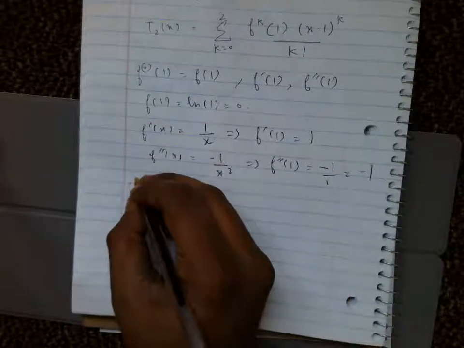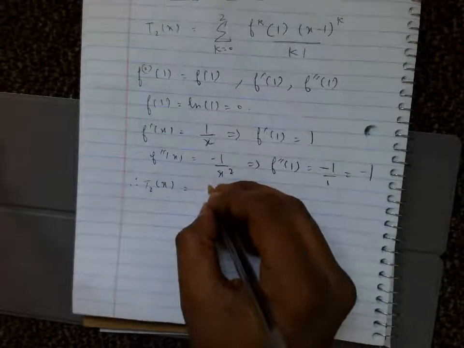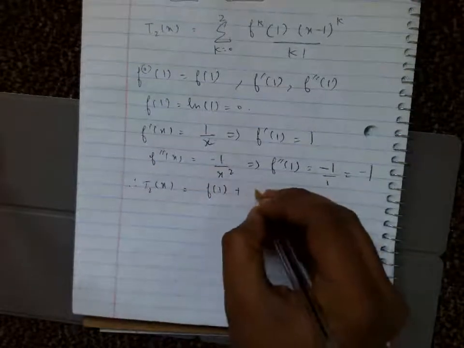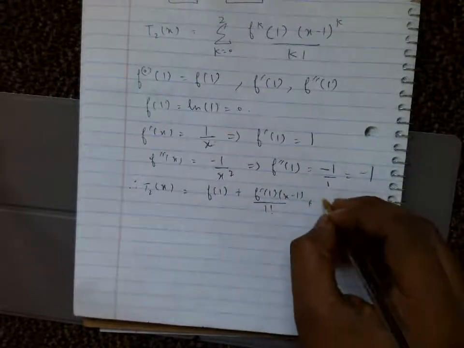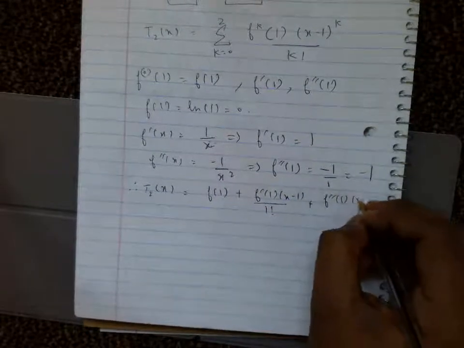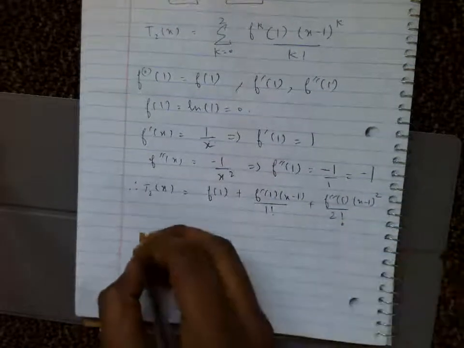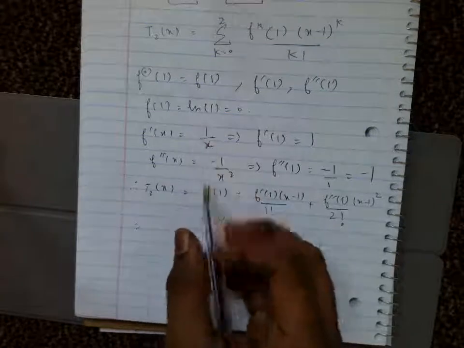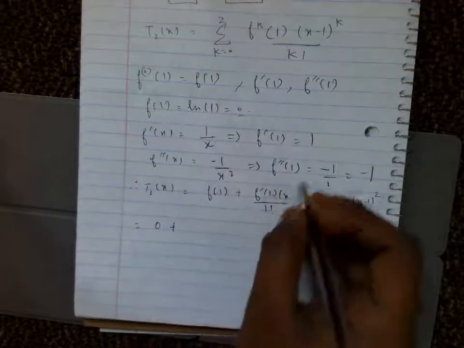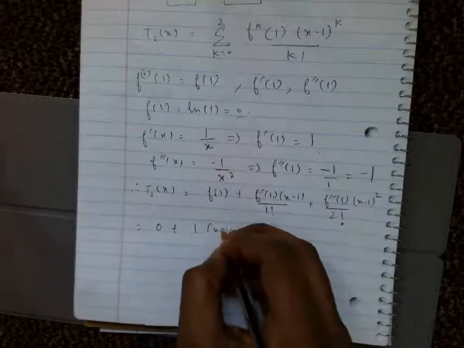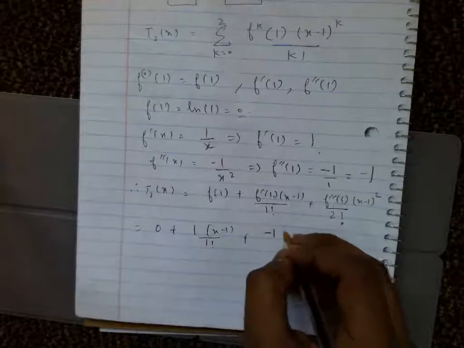So therefore the Taylor polynomial can be written down as f of 1 plus f prime of 1 times (x minus 1) by 1 factorial plus f double prime of 1 times (x minus 1) whole squared by 2 factorial. So this can be written down with f of 1 as 0, f prime of 1 as 1, and f double prime of 1 as minus 1.